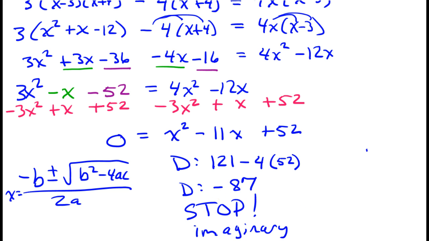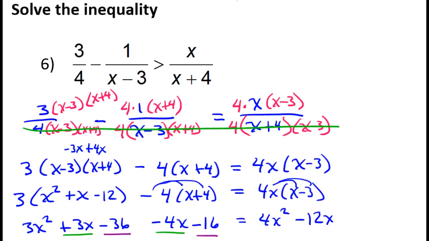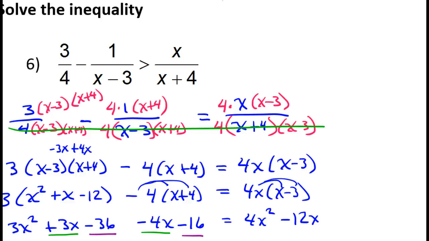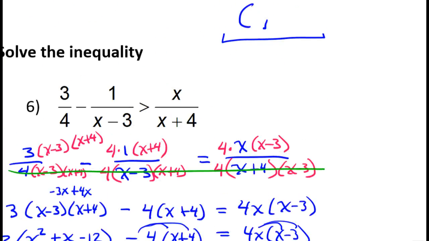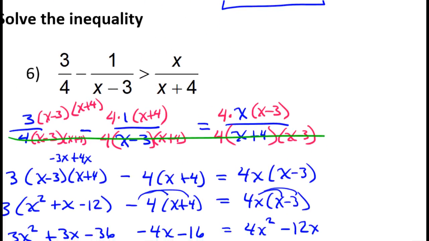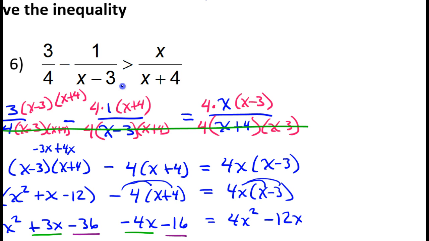Alright, because it's negative, that doesn't mean that this is no solution though, because if I had gotten a value here, I would have put it on the number line. But that's not the only thing that would go on the number line, because I also would put any excluded values on the number line.